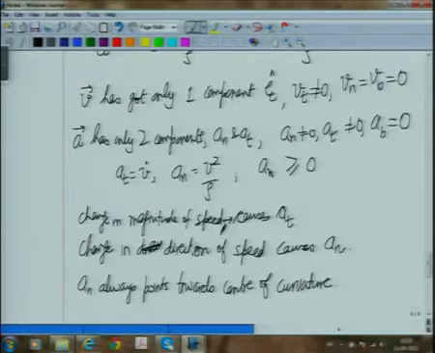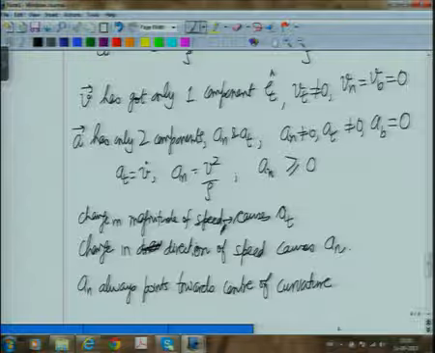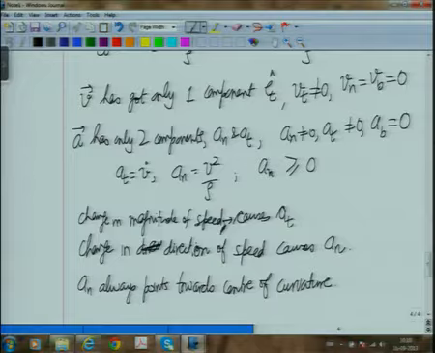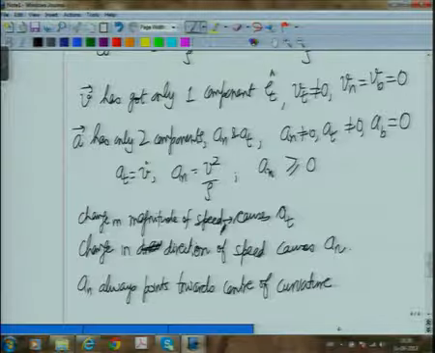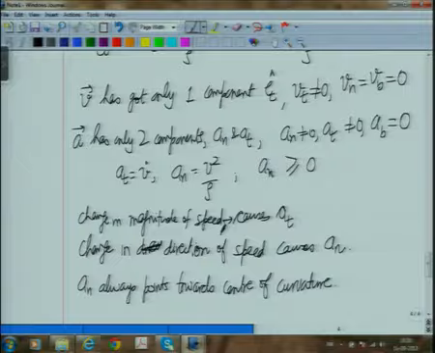Okay. Now the other thing we realize is, because An is equal to V square upon rho, if rho is small, what will happen to An? An will become very large. So these are things you have to keep in mind when you design things, because if you have a path where the radius of curvature becomes very small, then the normal component of acceleration will become very large.